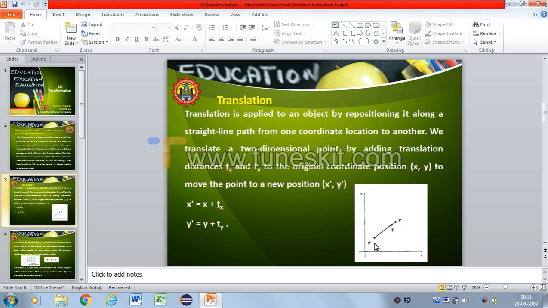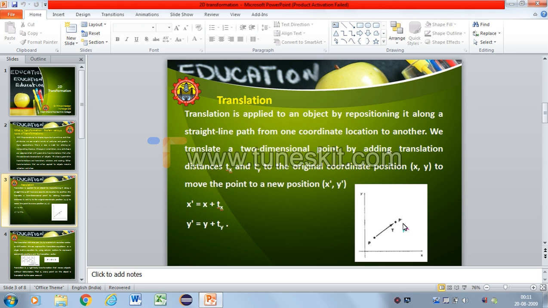But my question is, how do we translate this point from one position to another? This is done by adding translation distances t to the original coordinates x and y. Then we get the shifted point P dash having coordinates x dash and y dash.